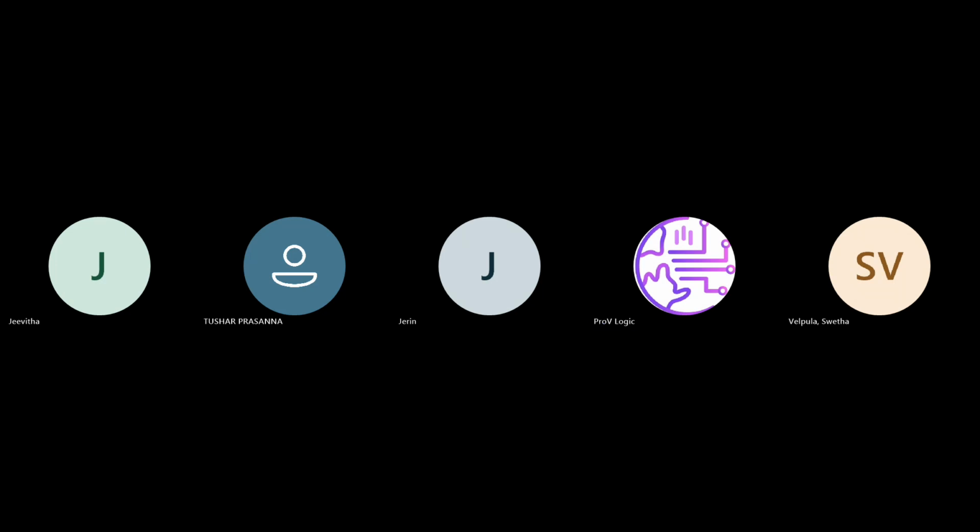First, we will start with the Verilog HDL. In Verilog HDL, the first question is for Jeevita. What is the difference between synthesis and simulation? In simulation, we apply test inputs to test the design functionality, while synthesis will convert the design code into a gate level netlist.